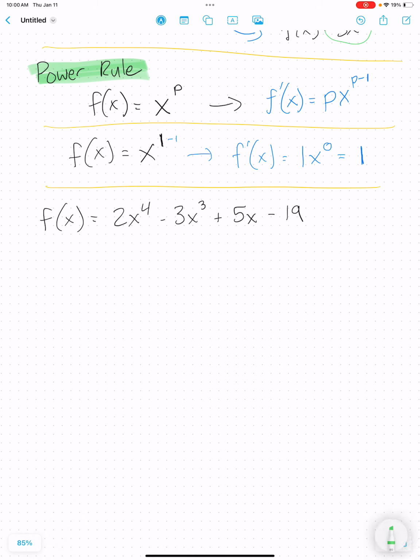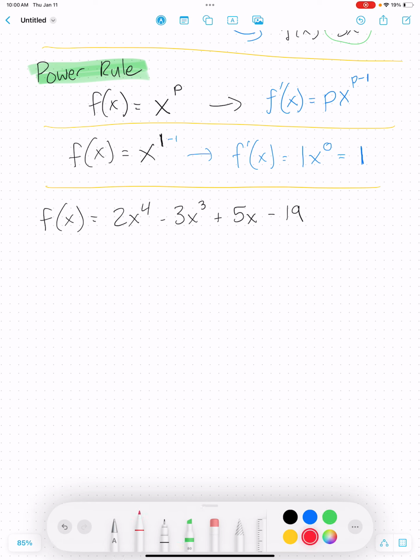Okay? So, according to my additive, or additive subtractive property, if I want to take the derivative of this function, I can focus on each of these pieces individually. Anything that's separated by addition or subtraction, you can focus in on those pieces individually.